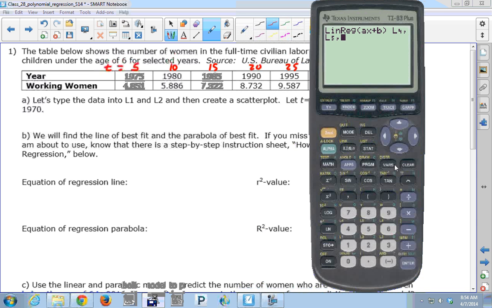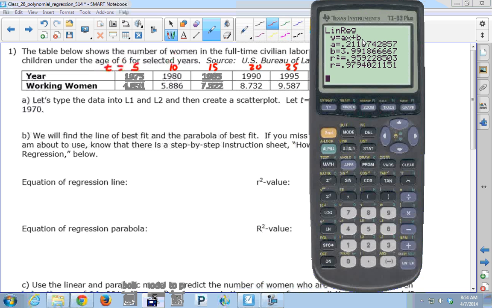So I go to vars, and I go to my y variables, hit function, and I say y1. Now I hit enter, and there's my linear regression. Remember now, this is a polynomial, so we use a as our leading coefficient. B is like it always is in the y equals mx plus b model. That's your y-intercept. That's your constant term.